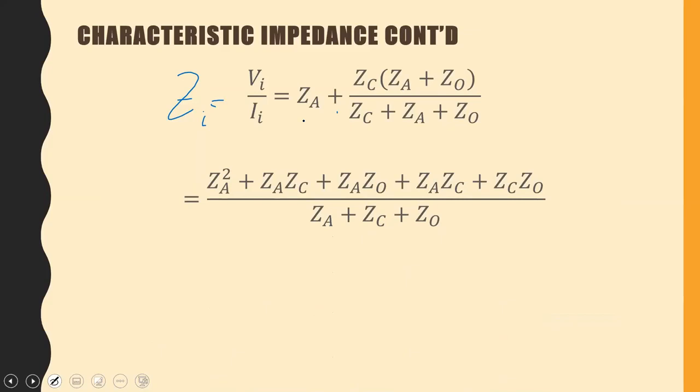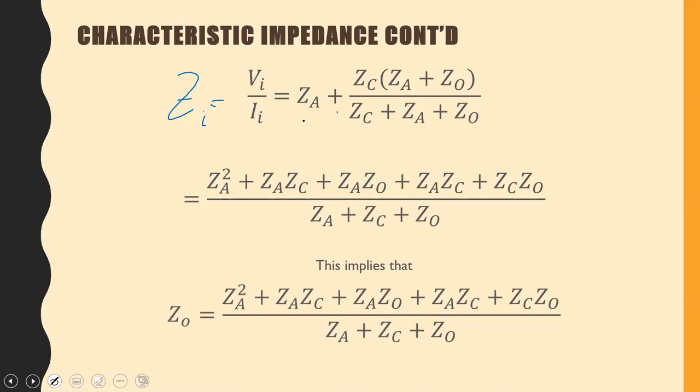The objective here is to find an expression for Z0, which is the characteristic impedance. So by definition, all of this is equal to Z0, because the input impedance is Z0 under these conditions.